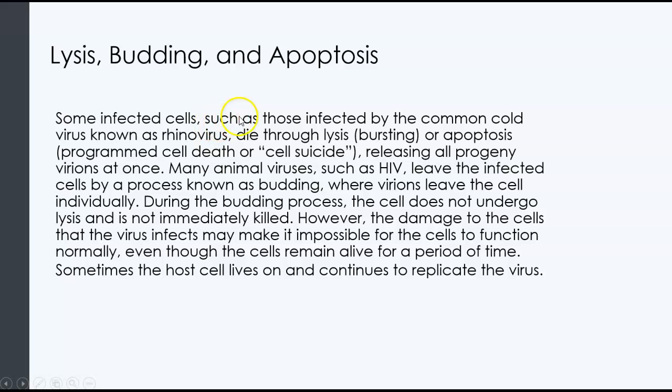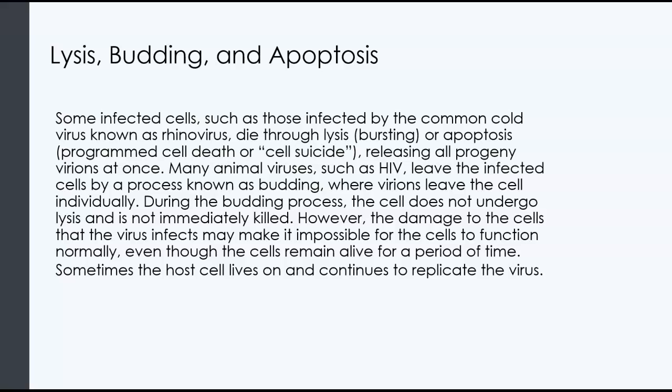Some infected cells, such as the cells infected by the common cold, the common cold is most often rhinovirus, die through bursting or apoptosis. Lysis or apoptosis, that's basically cell suicide.